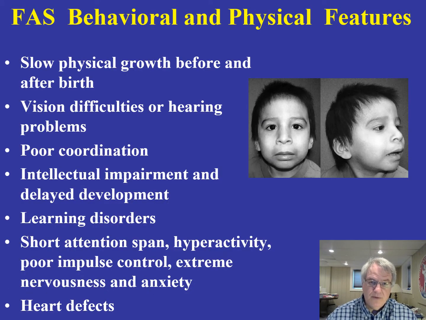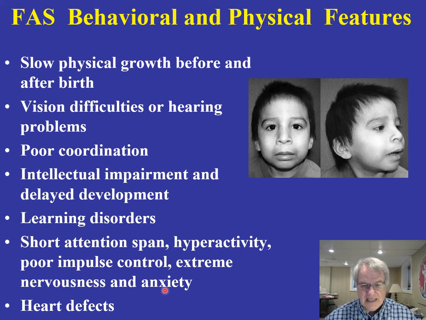So again, some more of these behavioral and physical features. Here's some of these classic kinds of symptoms that you see in a fetal alcohol child. Their physical growth is relatively slow. Before and after birth, there's reports of difficulties in terms of visual processing as well as auditory processing, poor coordination, intellectual impairment, again, this delayed development syndrome, learning disorders, short attention span, hyperactivity.